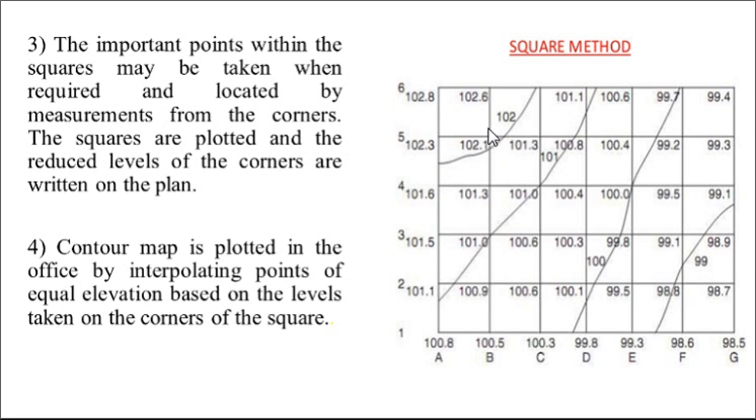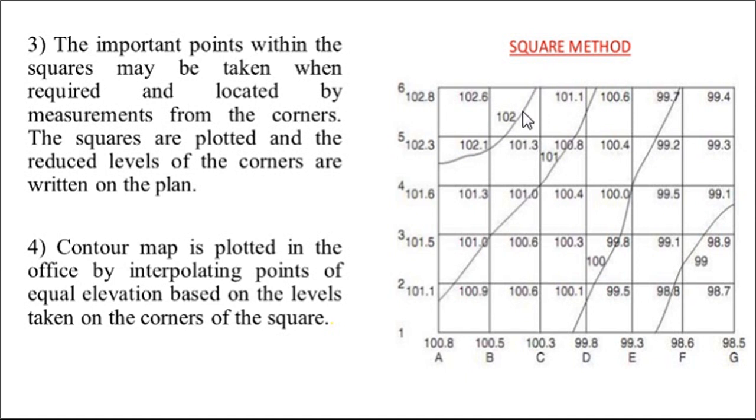So by interpolation we will get this point on this line. Then in between these two points, this is 101.3 and this is 102.1, so near to this we will get the point 102. Similarly, on this by interpolation we have to find the exact position of 102, and then the contour line 102 will go out of the range of the map.